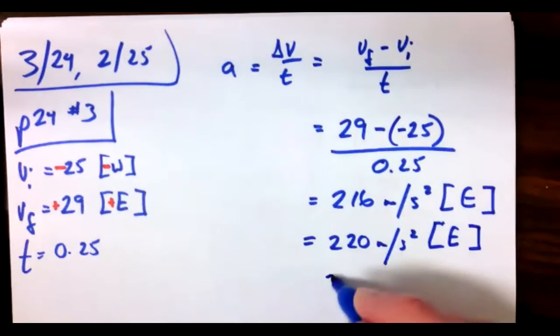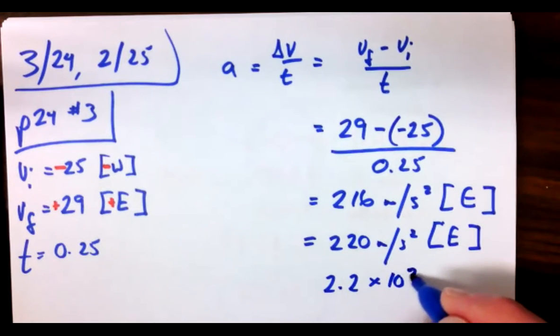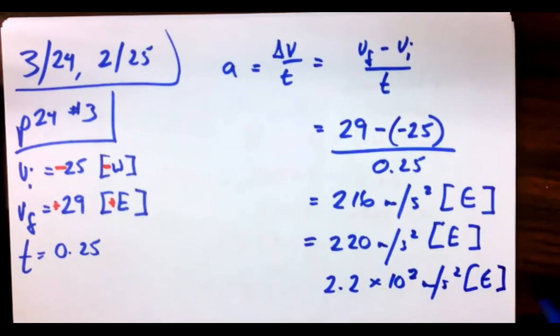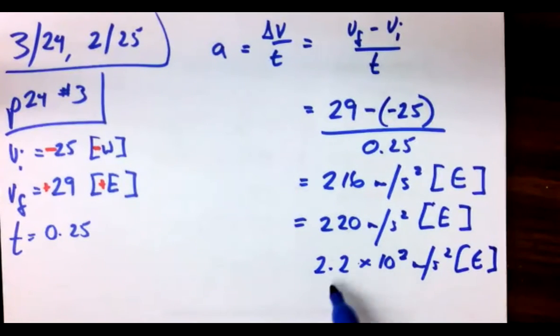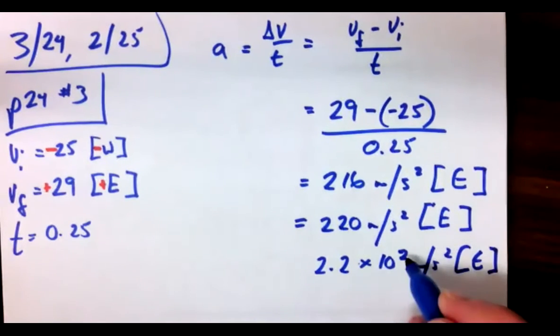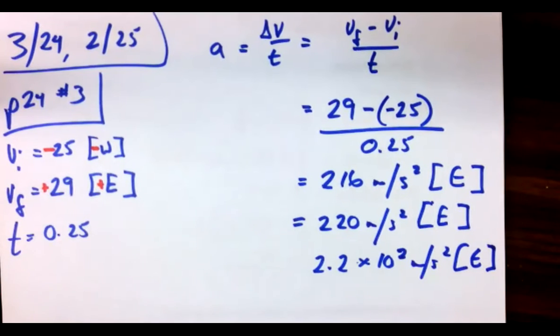The textbook is using scientific notation, which is totally fine. 2.2 times 10 to the 2 meters per second squared east. Goodness gracious, you don't need to write out so many different answers. Either of these is fine. This matters more. We're going to get into numbers like times 10 to the negative 31 and stuff like that. Then I don't want you writing it all out. That's when we'll go here.